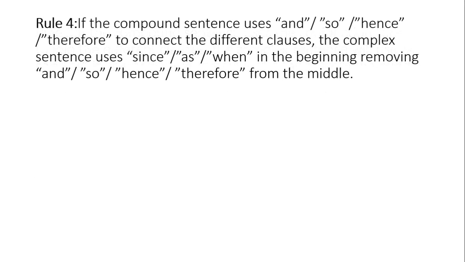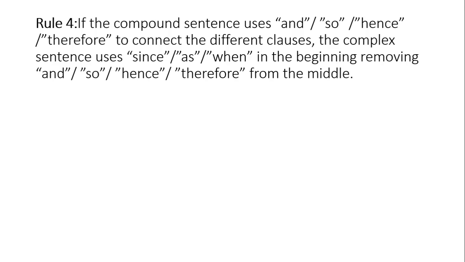Now move to rule number 4. If the compound sentence uses and, so, hence, therefore, to connect the different clauses, the complex sentence uses since, as, when in the beginning, removing and, so, hence, therefore from the middle.